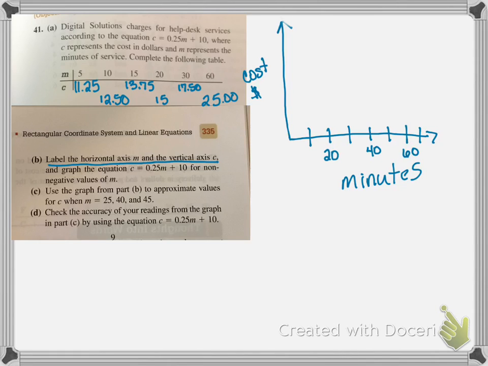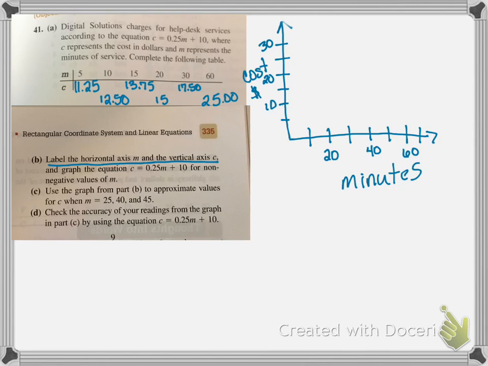So I'm going to have $5, $10, $15, $20, $25, and $30. So you need to label some of them so that we know what each one represents. Now what we're going to do is we're going to plot these points.